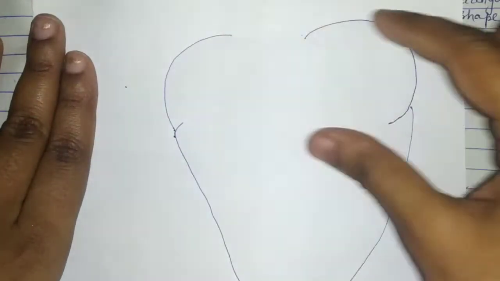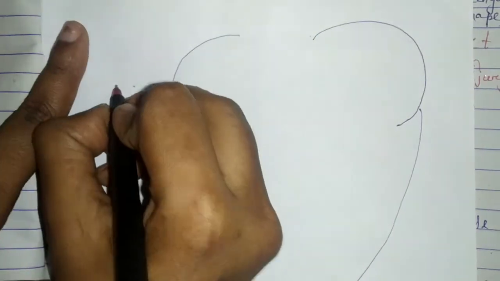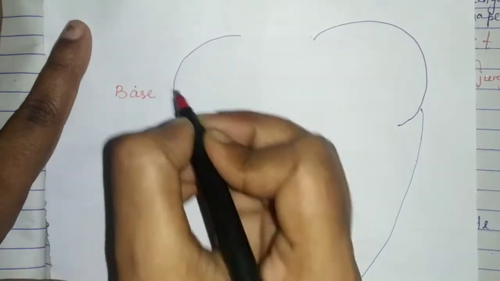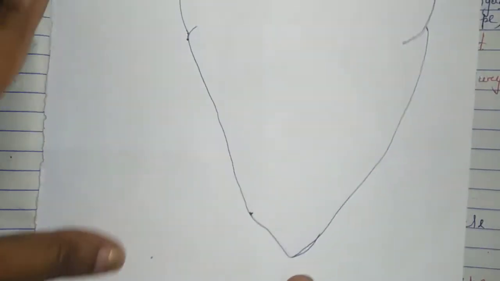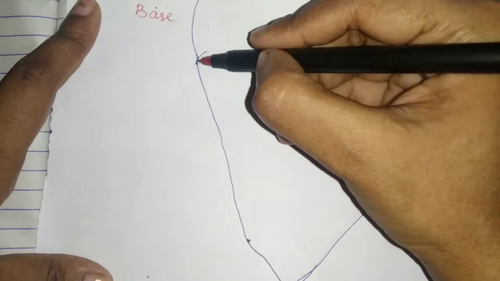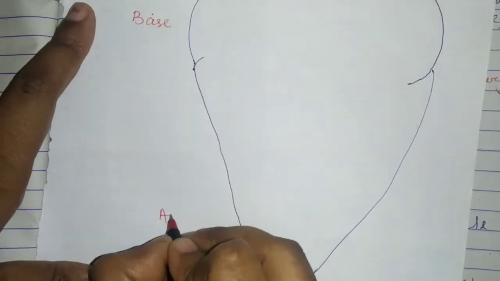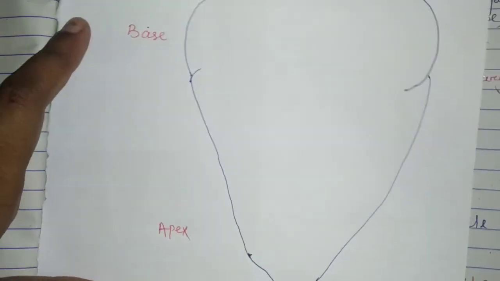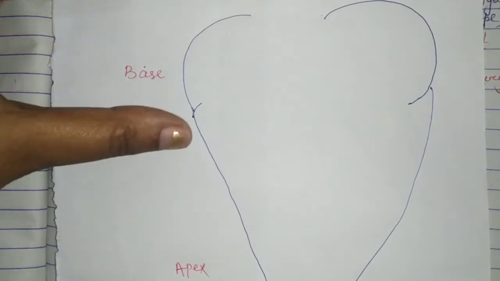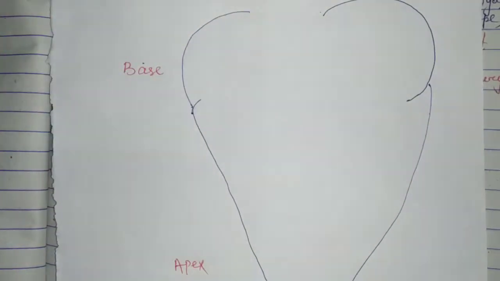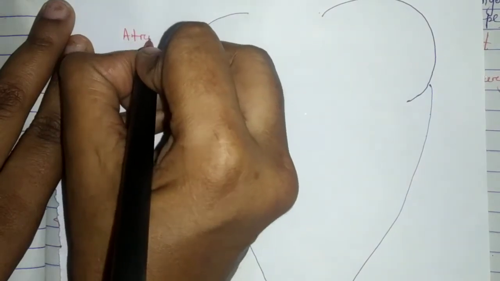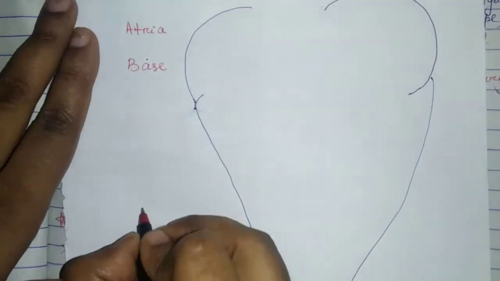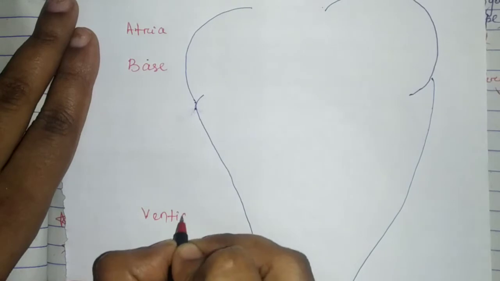This one is the upper part, which is the base. The upper part, the base, is broader, and this is the lower part, the apex. I told you that the heart is divided into the upper part, your auricle or atria, and the lower part, your ventricle.